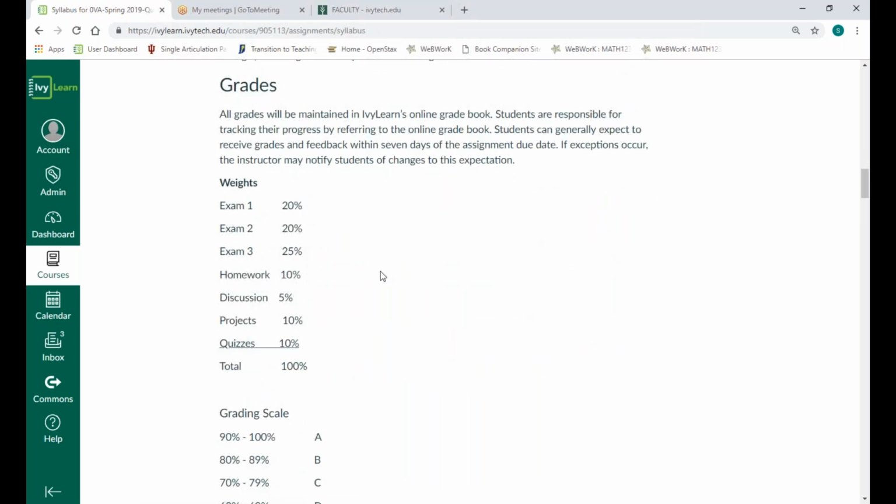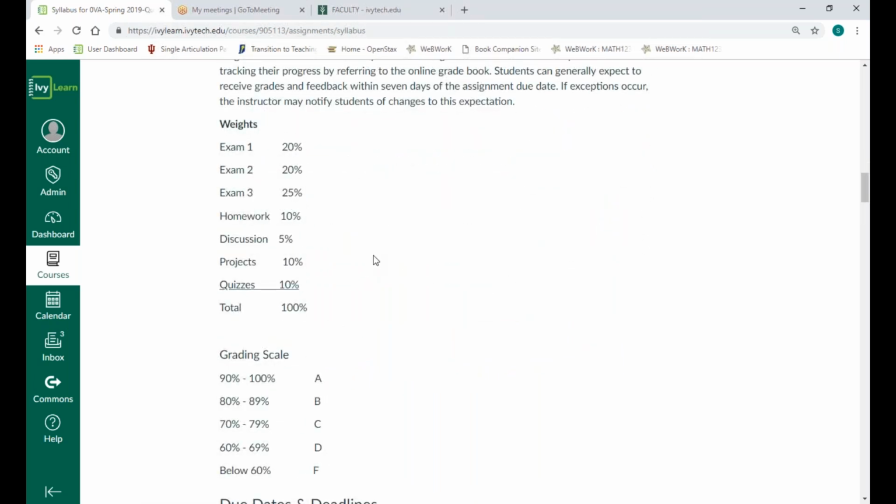Now, our grades, we don't use the point system in here. So we don't total up all the points and divide by how many we have. We use percentages. So we use a weighted grading. And actually, one of our sessions that we're going to go over is how to calculate a weighted grade. So you can see that we're going to be having 3 exams in this class because we have 3 different units.